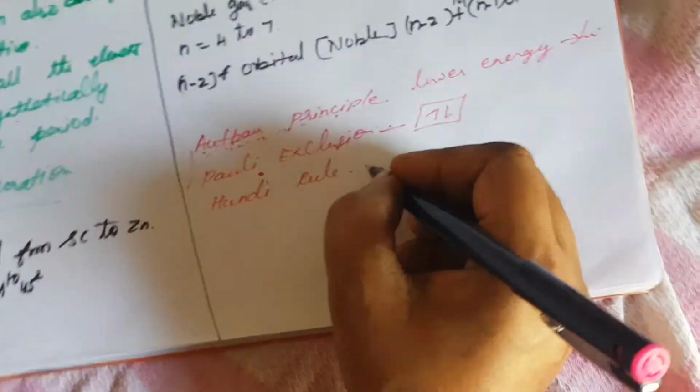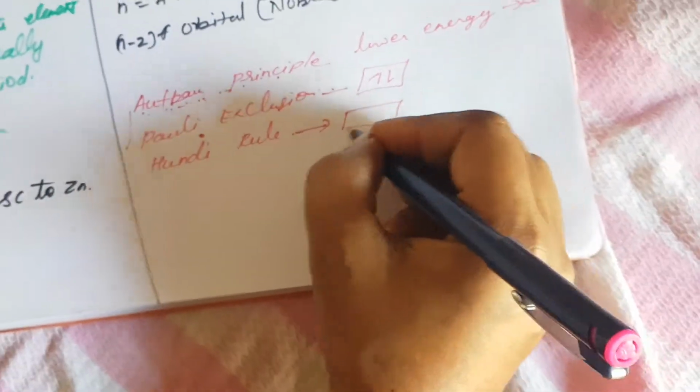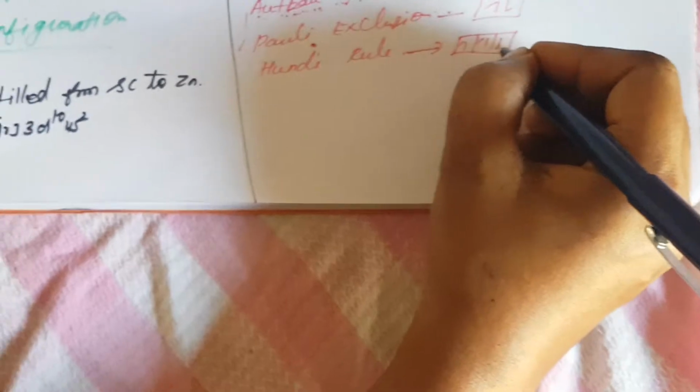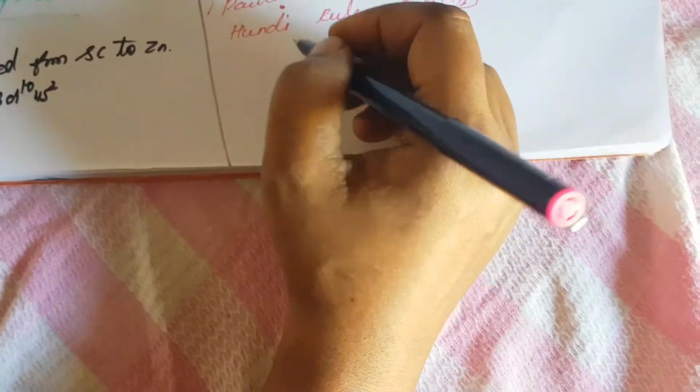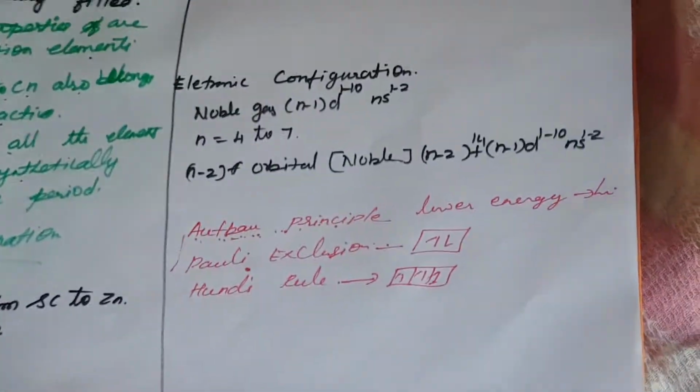Hund's rule: first the orbitals are half filled, and then pairing occurs, until all the orbitals are half filled, then completely filled. So these are the three principles, and according to them the orbitals are filled.